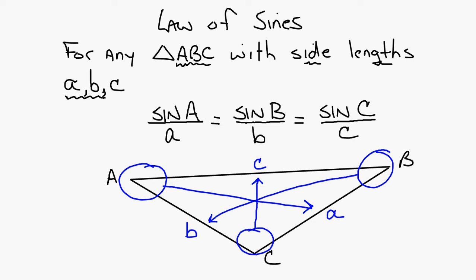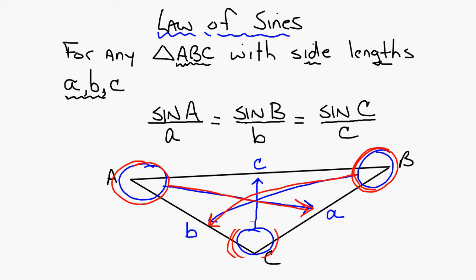So what the law of sines says is that the sine of this angle over this side length is equal to the sine of this angle over this side length, and that the sine of this angle over that side length, they're all equal to each other.